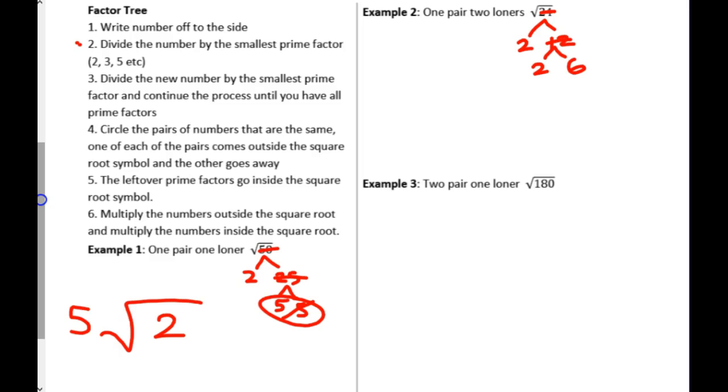What about 6? Does 2 go into 6? 2 times 3 is... Does 3 break down? Okay, so 3 is prime. So we have 4 prime factors. 2, 2, 2, 3. All right, so what do we do next?